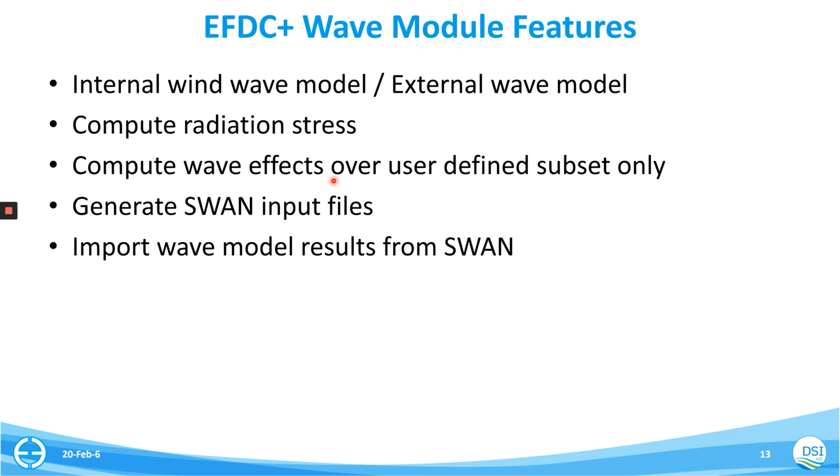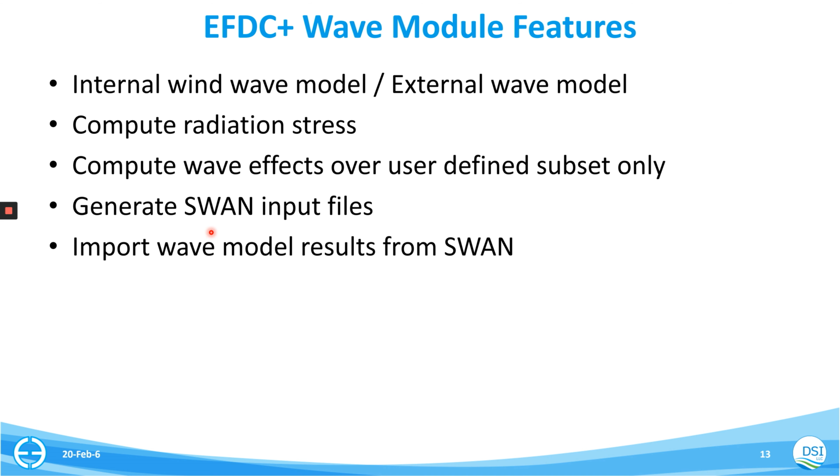So you don't really need to compute the wave effects throughout the whole model. Let's say, as an example, you are just modeling an estuary, then you can select only the coastal part to model the wave effects instead of modeling the whole domain, to reduce the computational time.